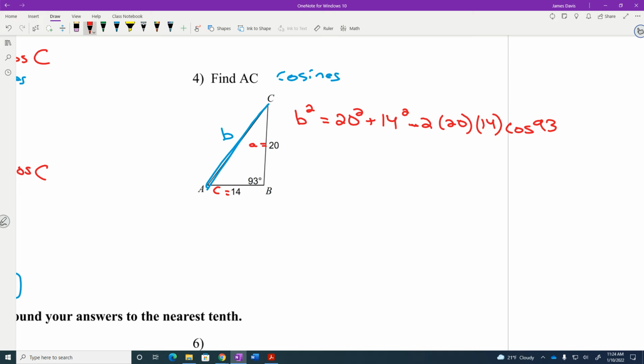And this is one of the easier ones because you can just type the whole thing in and then take the square root. Before you take the square root, you should get like 625.